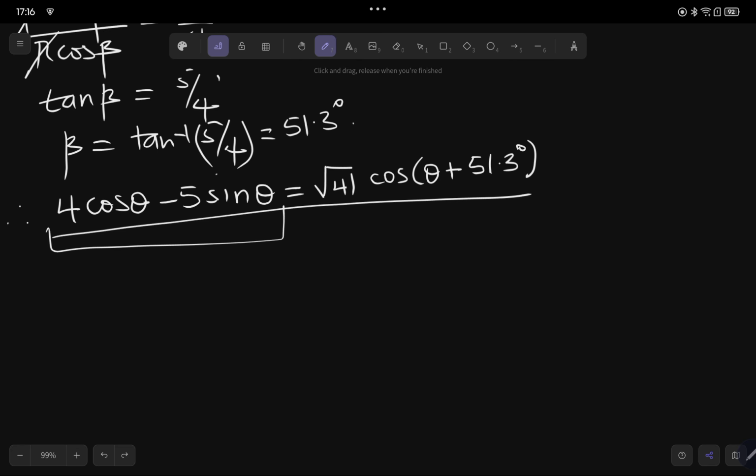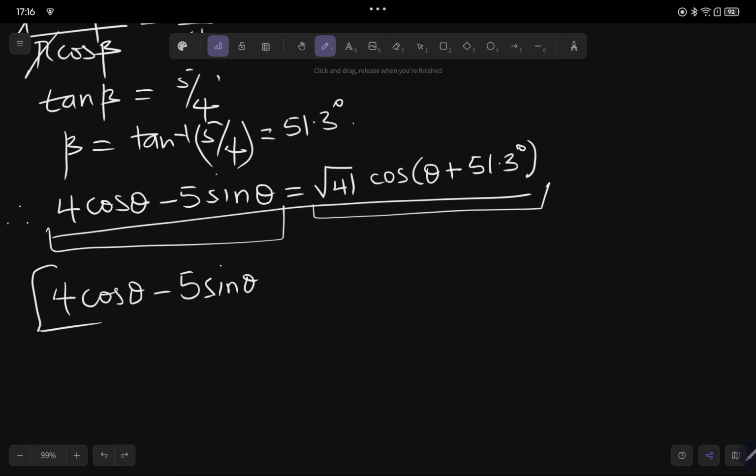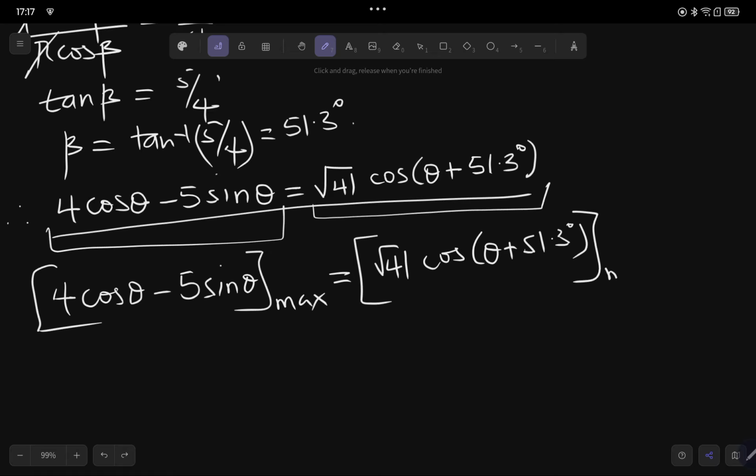Now we are replacing this function expression with what we have just got. So 4 cos theta minus 5 sin theta maximum is the same as root 41 cos of theta plus 51.3 degrees maximum.